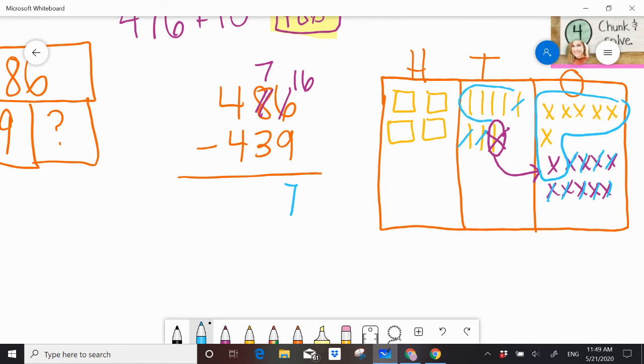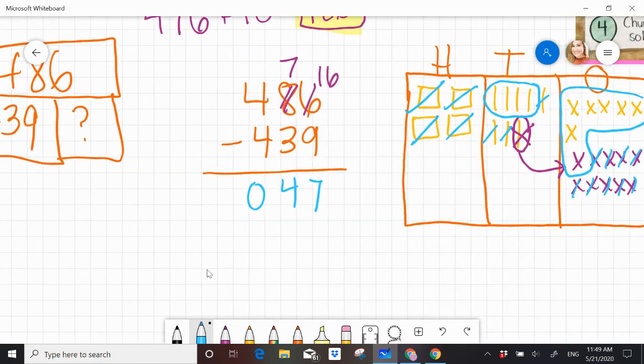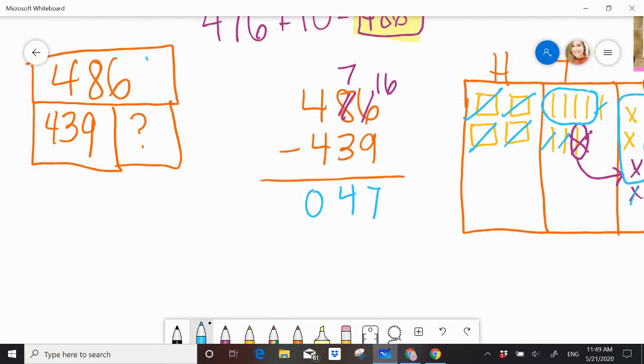How many tens do you have left over? 7 tens minus 3 tens equals 4 tens. 40. And 4, take away 4, equals 0.